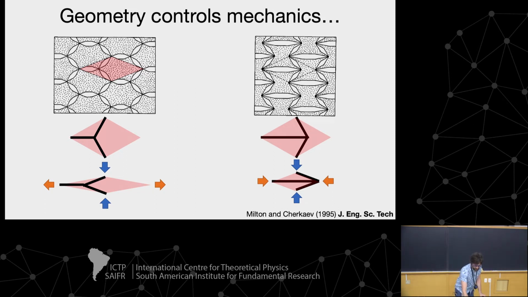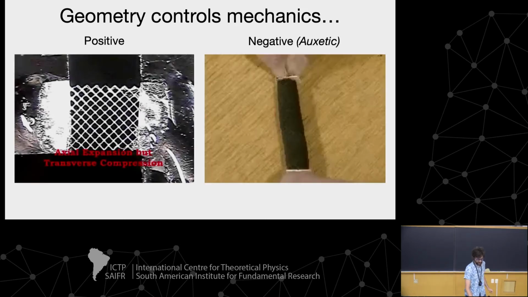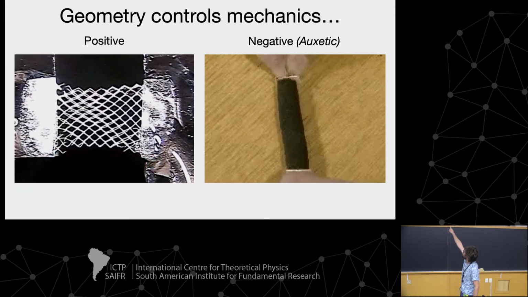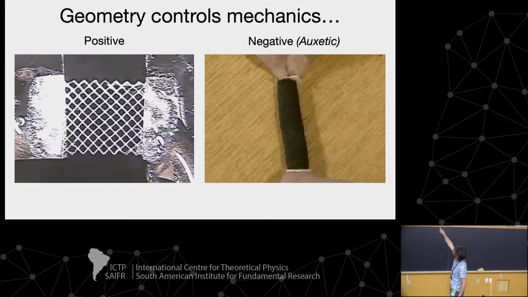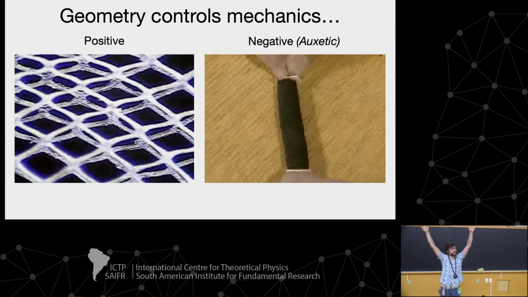Good. And actually, this was one of the first papers, the prehistory of metamaterials, born in '87. This illustrates that through geometry you can understand the positive Poisson ratio by just focusing on how those bars hinge about each other.